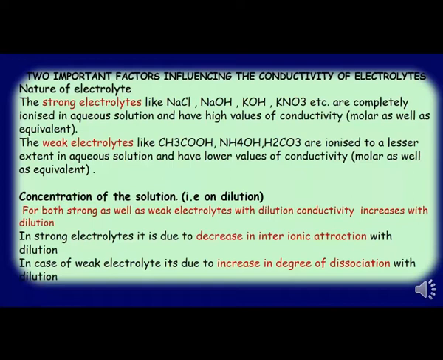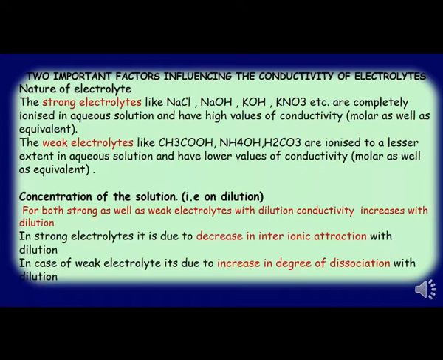Say for example, if you have 10 moles of acetic acid. If you add that 10 moles of acetic acid into water, if only 2 moles dissociate, then the degree of dissociation is 2 by 10. If you add water into it, then 3 or 4 moles of acetic acid dissociate.